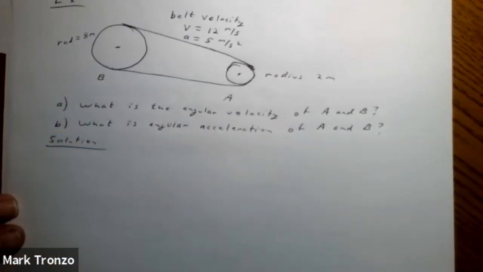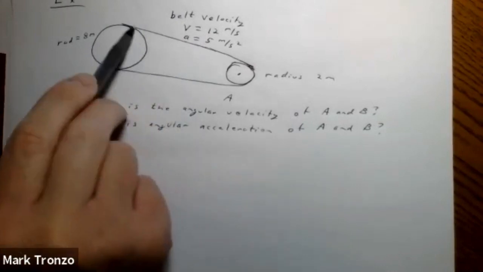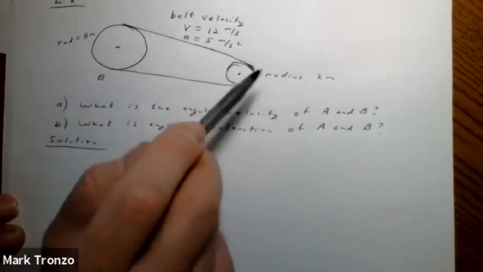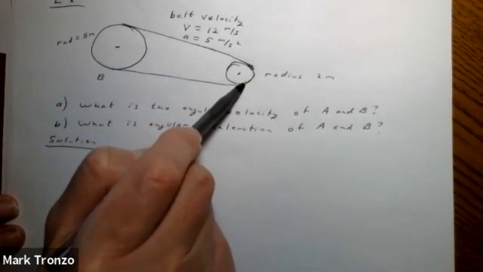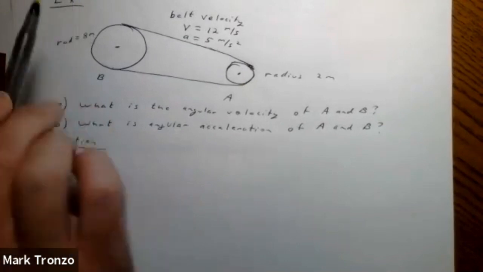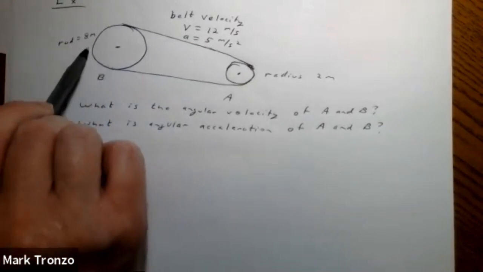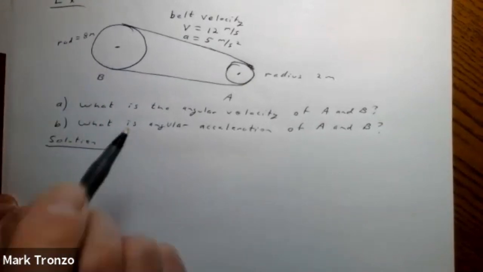Once again, like we said before, this belt's going to be moving the same all the way around, which forces the velocity of the outer rim of A to be 12 meters per second and the outer rim of B to be 12 meters per second.